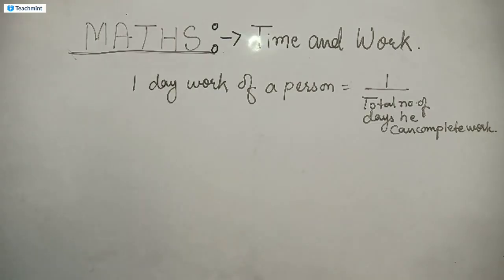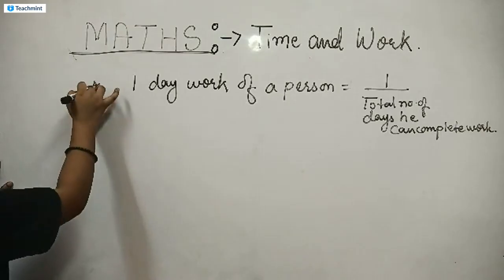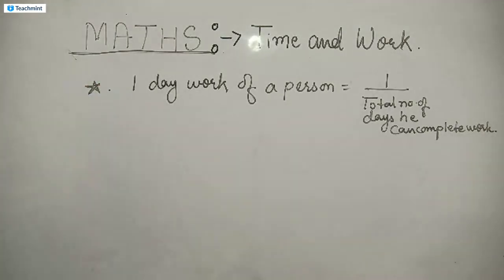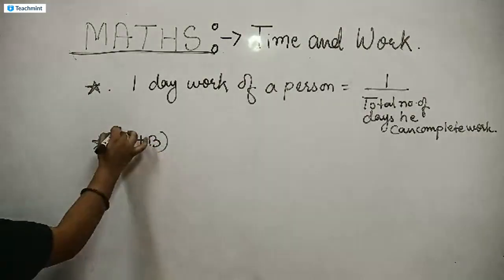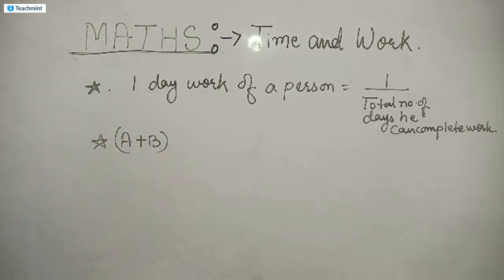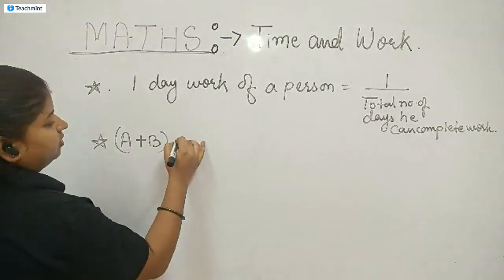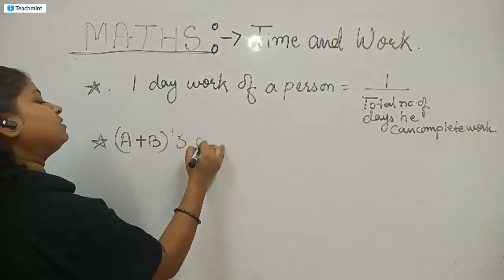And if you talk about the formula, that ma'am, what's the formula? There is not a certain kind of formula, only the short trick that I taught you. Another thing that you might write is A plus B, A plus B is 1 day work.